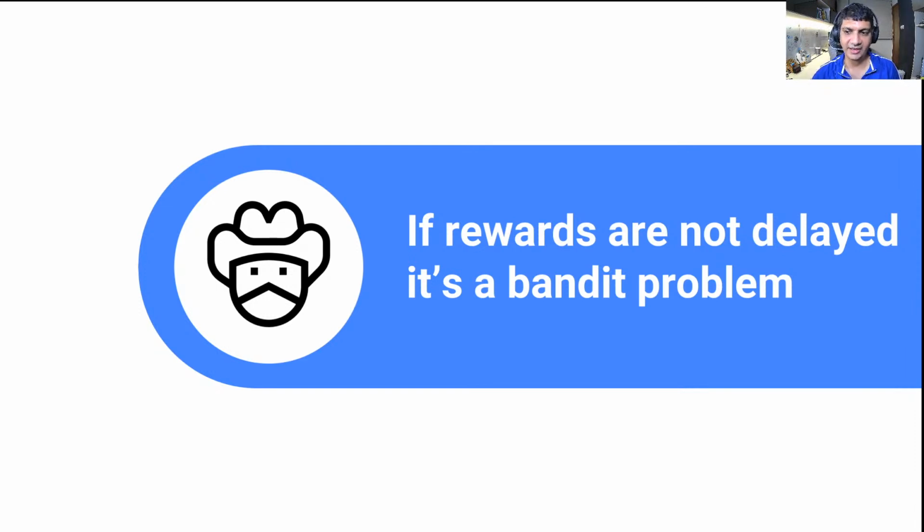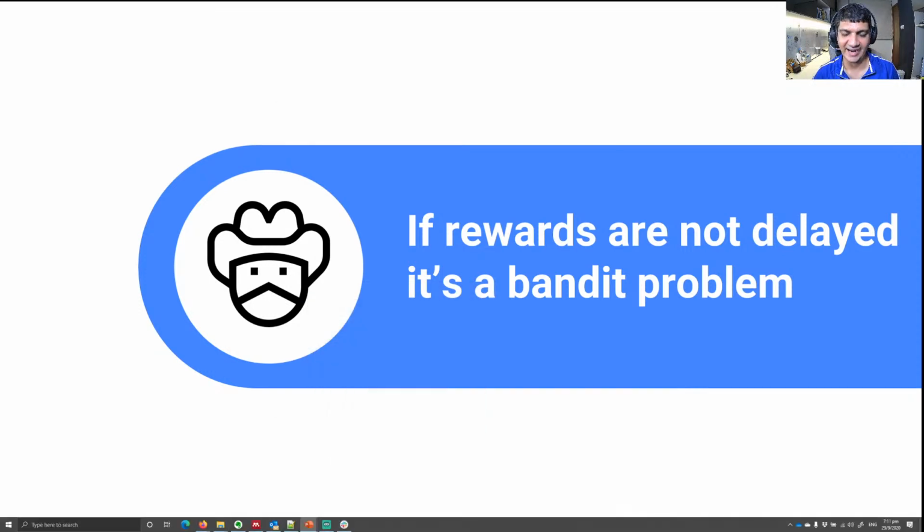So over there your rewards are delayed, and there's no easy way to identify whether the steps you're taking right now are optimum. In the multi-armed bandit, the idea of a bandit problem really comes from the fact that if the rewards are not delayed, you're looking at a bandit problem. That's where the word bandit comes from.